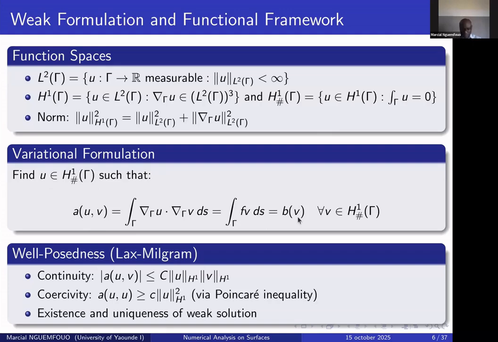And the well-posedness is based on Lax-Milgram theorem. The bilinear form is continuous and coercive via the Poincaré inequality, and the linear form is continuous. This ensures that our problem admits a unique solution.